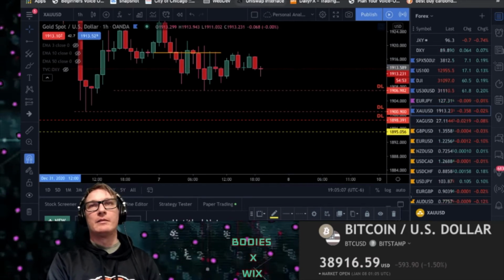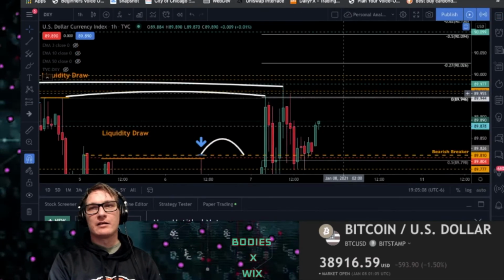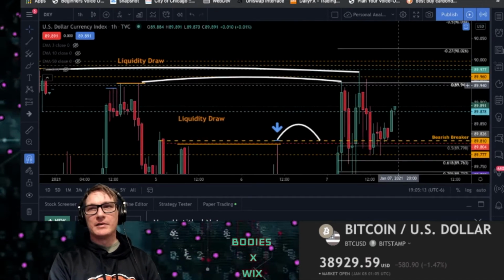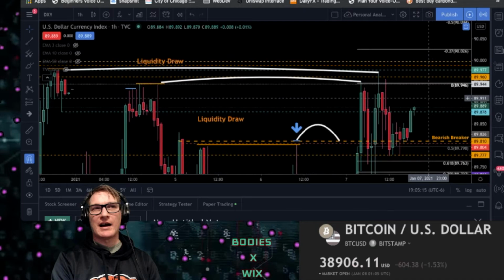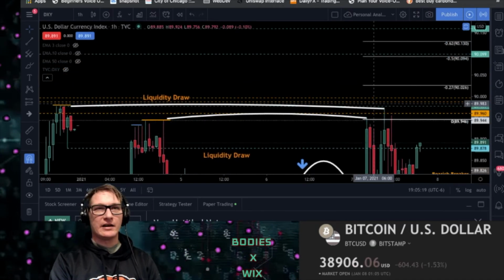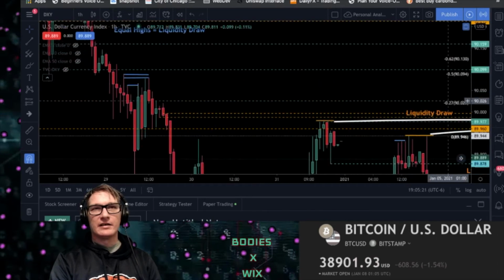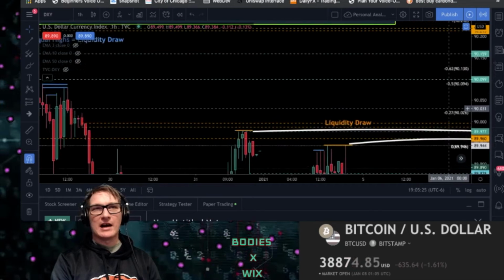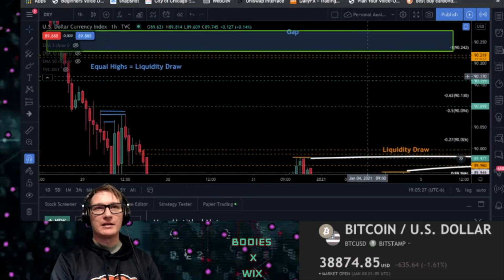That's why I'm thinking the dollar is reaching for this area up here, because it has set all of these highs in this same area. You have a high here, a high here, equal highs here, and over here some equal highs. So the dollar could be reaching pretty high right now. It could be. I'm not saying it's going to.